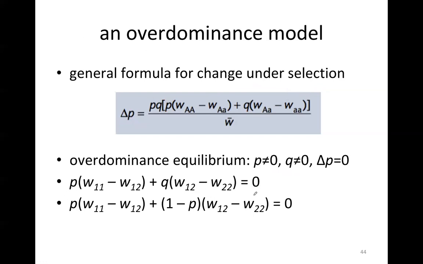So this part should be 0 on top, and we can, of course, rewrite this by substituting 1 minus P instead of Q, right? Same thing. And then here, instead of big A and small a, just following the book, I've used 1 and 2 for the fitnesses. W11 means the fitness of A1, okay?